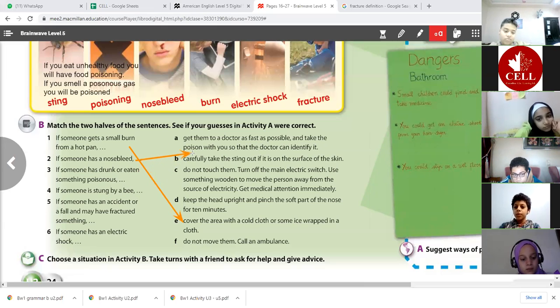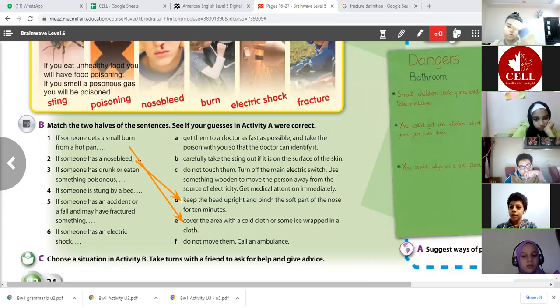Nosebleed and poison? Don't move them. And D. Read it. Keep the head upright and pinch the soft part of the nose for 10 minutes. Yes, pinch the soft part of the nose for 10 minutes.